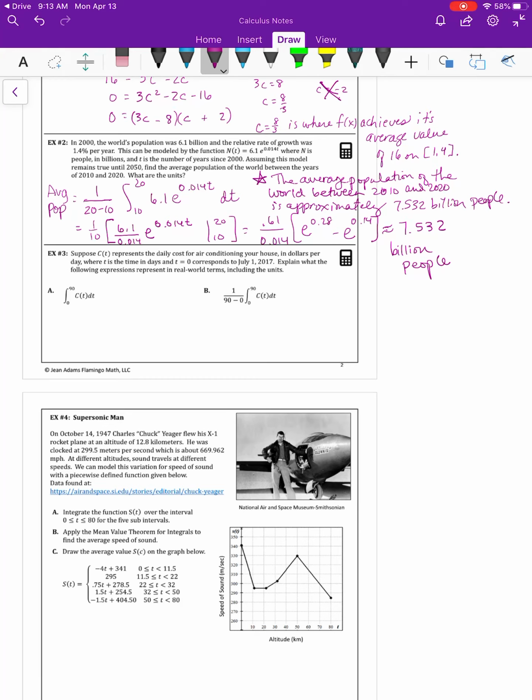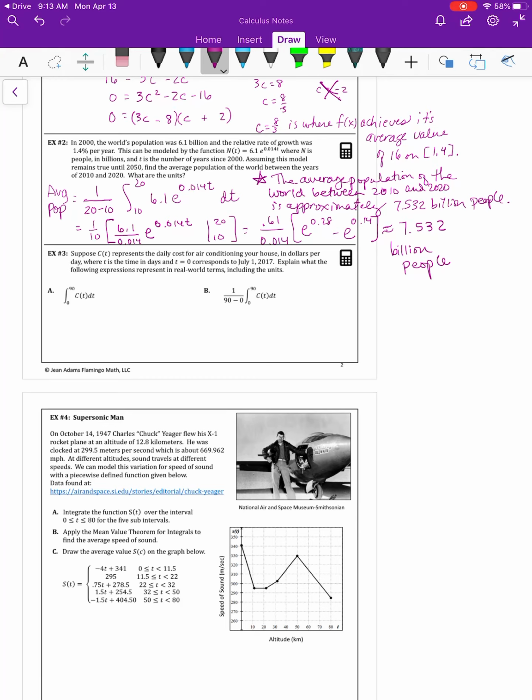So this answer is going to be in dollars. So total cost to air condition your home for the months of July, August, and September 2017.